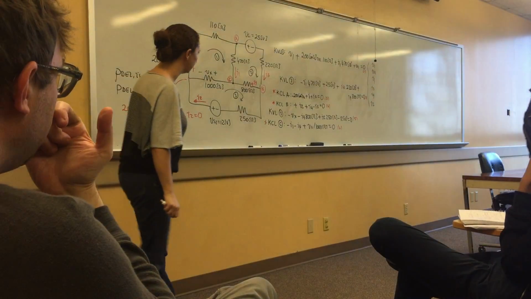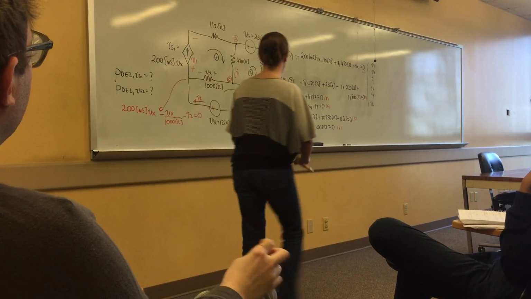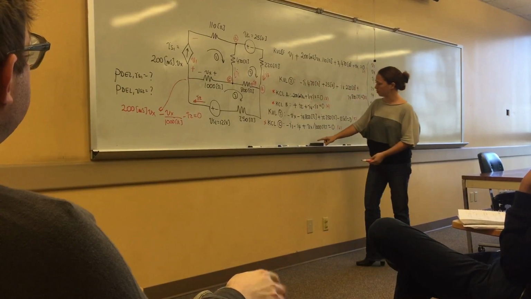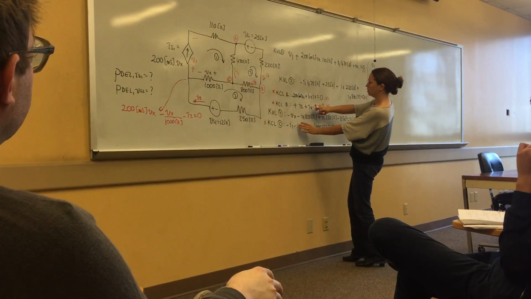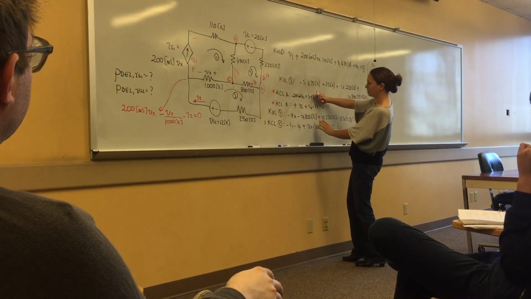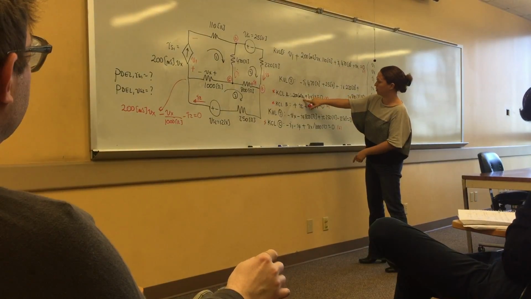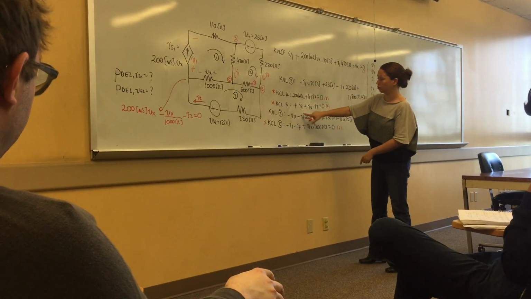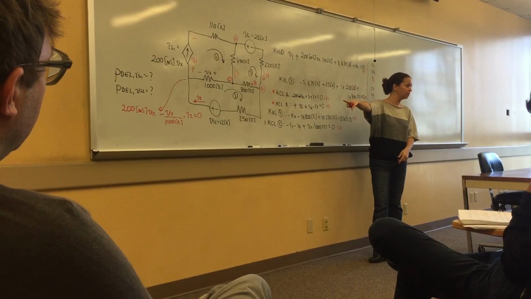Look at that. Let's see. So if you actually add them all together, the I1s cancel, I4s cancel, I3s cancel. So negative this plus I2 plus this equals 0. That's exactly the negative of that equation. Do you see that? Yes.